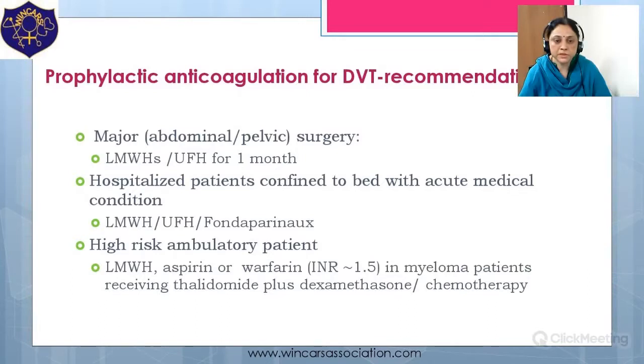For hospitalized patients confined to bed with an acute medical condition, and for high-risk ambulatory patients, either low molecular weight heparin, aspirin, or warfarin at an INR around 1.5 can be given. Especially, this is recommended in myeloma patients receiving thalidomide plus dexamethasone or chemotherapy.